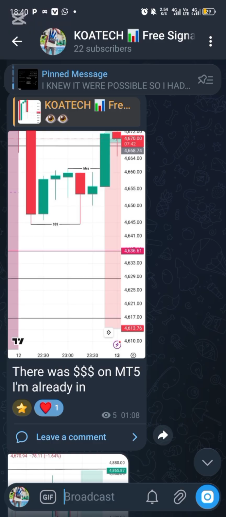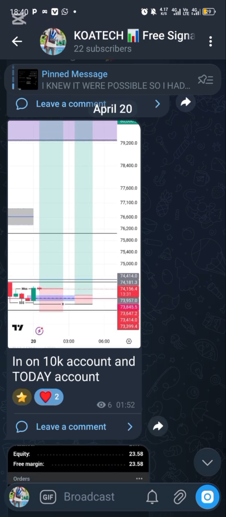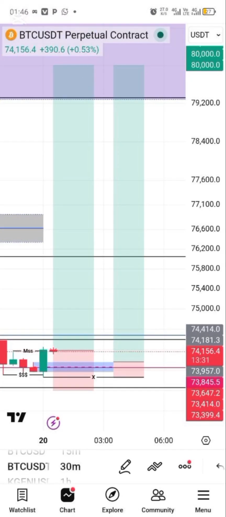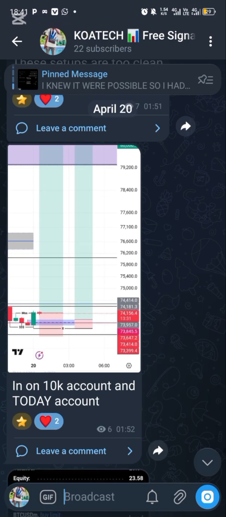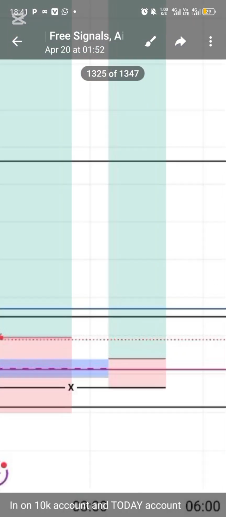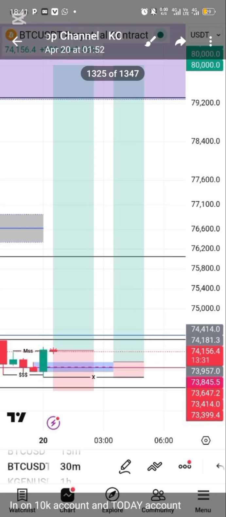So the BTC was also a 1, and this was the position here. Look at the position here, and I said in on 10k account and today account. I was not actually in on today account because the today account was this very one here. It didn't get mitigated before going to take profit.